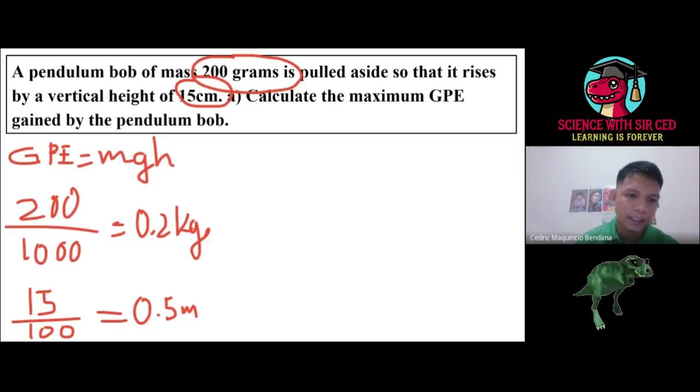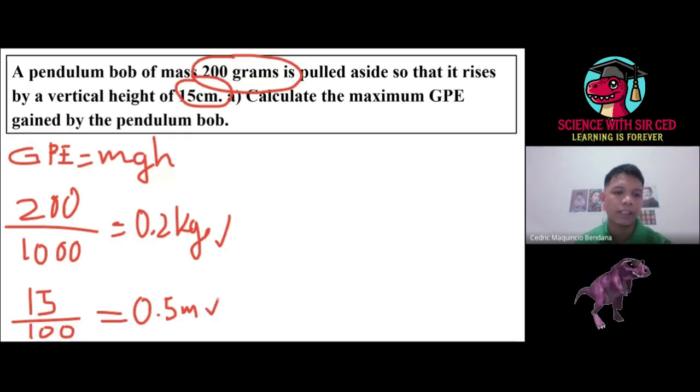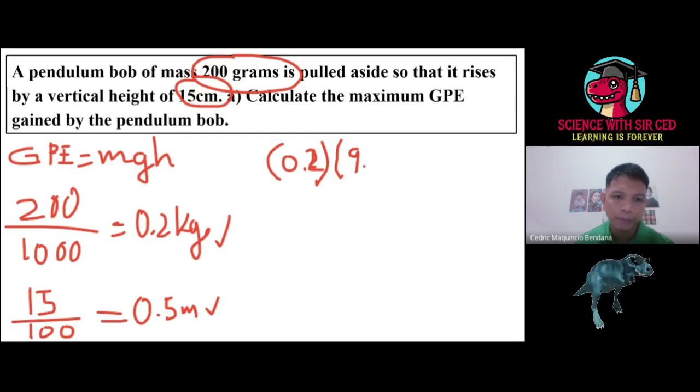Do you have mass? Yes. Do you have gravity? Yes. Do you have height? Yes. Everything is prepared, just substitute. Mass is 0.2 multiplied by the gravity, 9.8 multiplied by the height, this is 0.15.